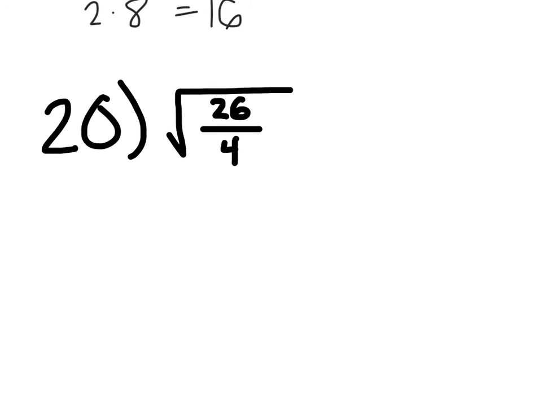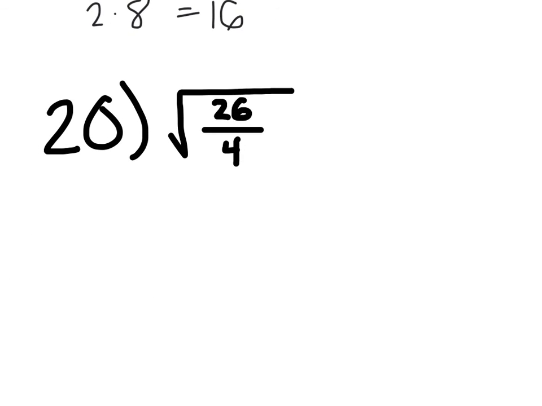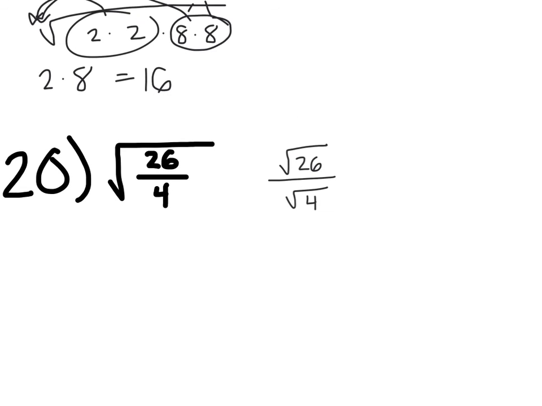Last one, number 20. We have the square root of 26 over the square root of 4. What can 26 break down into? 2 times 13. Can 13 break down into anything else? No. So we have no pairs.